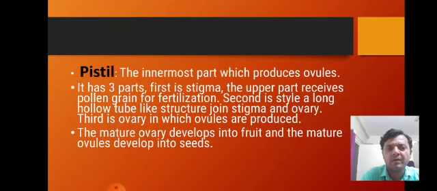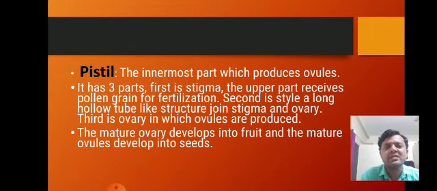The upper part receives pollen grains for fertilization. Second is style, a long hollow tube-like structure that joins stigma and ovary. And third is ovary itself, in which ovules are produced. The mature ovary develops into fruit and the mature ovules develop into seeds.